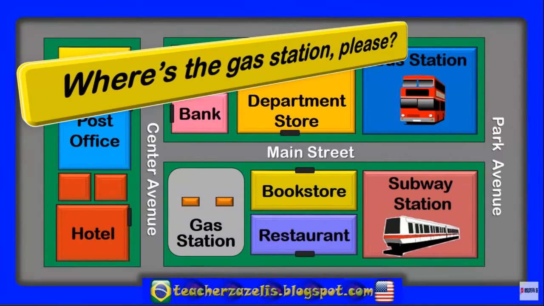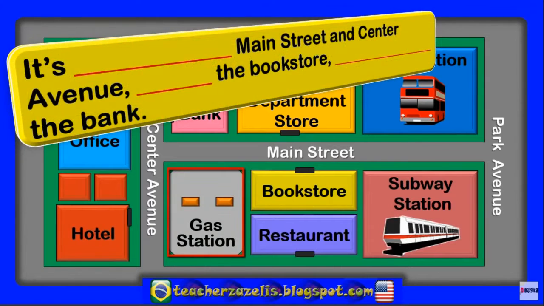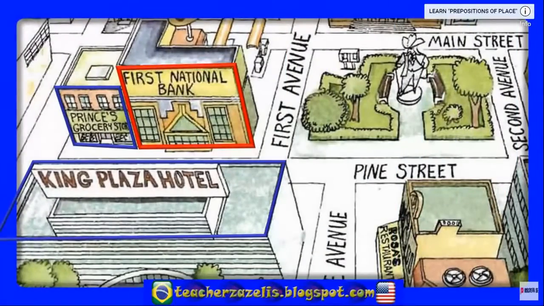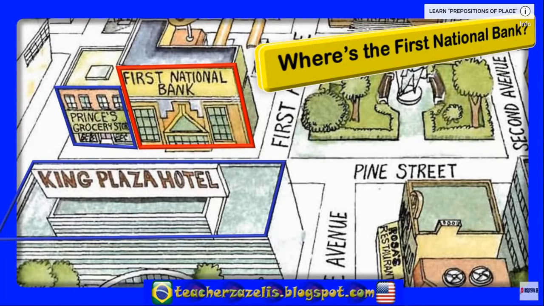Where's the gas station? It's on the corner of Main Street and Center Avenue, next to the bookstore, across from the bank. Where's the First National Bank?